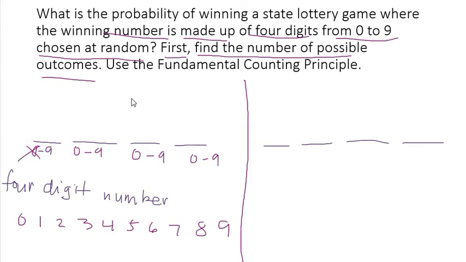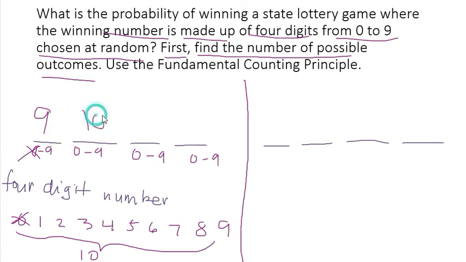Because if it's a 0, it will be a 3-digit number, if we're talking about the value. So if the value is being considered here, the first digit would have 10 outcomes, but if we cancel out the 0, it will have 9 choices left.